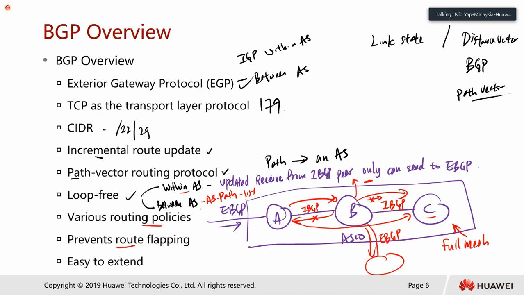For all protocols, split horizon is already there by default. Every single protocol that we're using, whichever direction I receive from, I will not send back in that direction. It's just that RIP requires manual configuration, but for OSPF, ISIS and BGP, split horizon is not applied here.